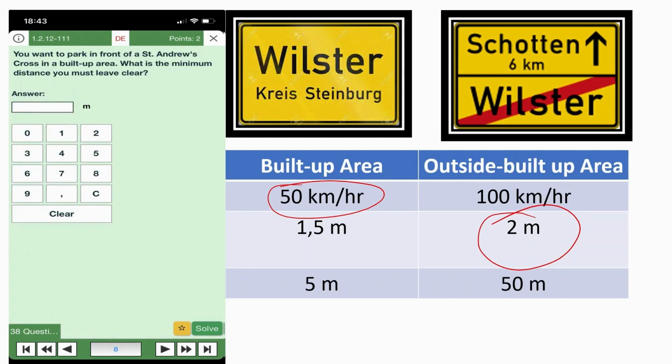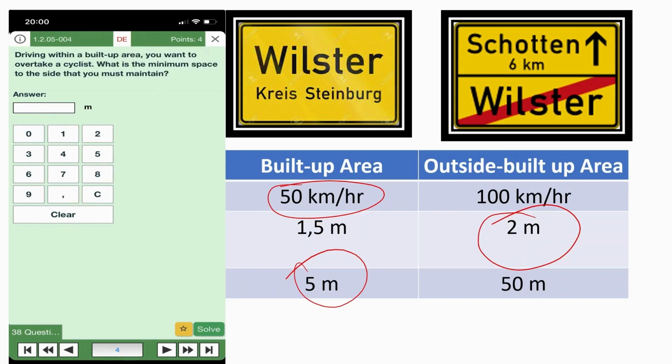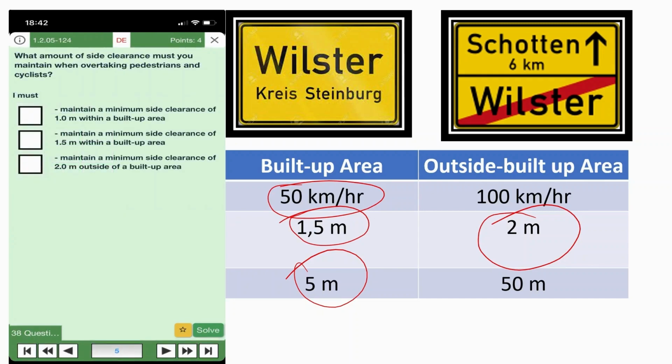Let's look at the next question. You want to park in front of St. Andreas cross. What is the minimum distance you must leave clear? And this is inside built up area, so this is 5 meter. Next one, you want to drive within a built up area and you want to overtake a cyclist. What is the minimum distance you must maintain? And this is 1.5 meter. The next one, what amount of side clearance must you maintain?